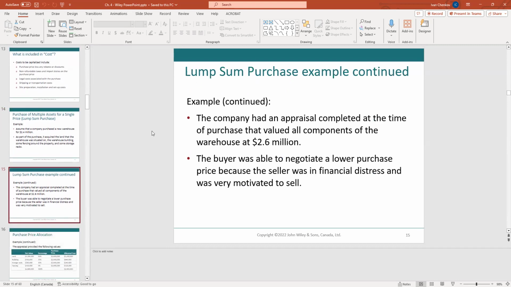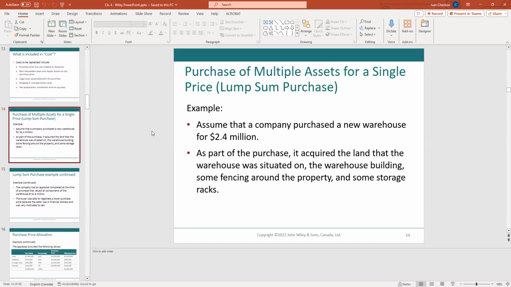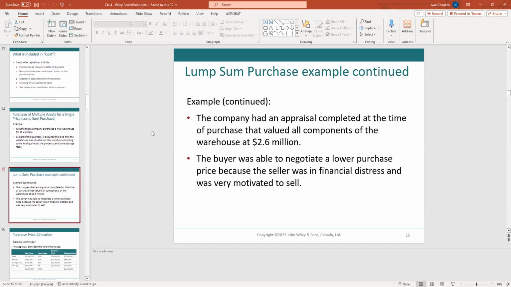So in this case, the company has an appraisal. They hired somebody to estimate the fair market value of all the components, and they came up with $2.6 million for all the components.